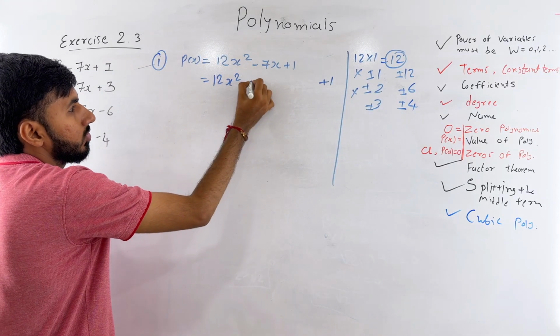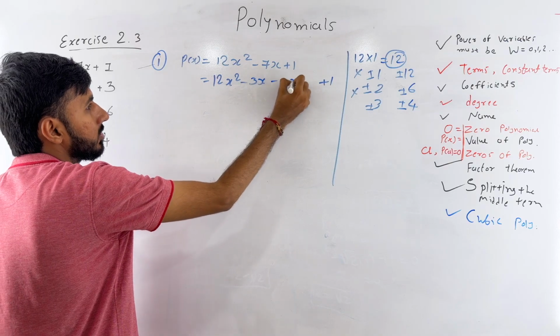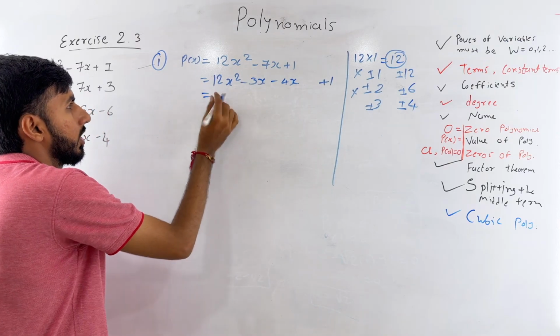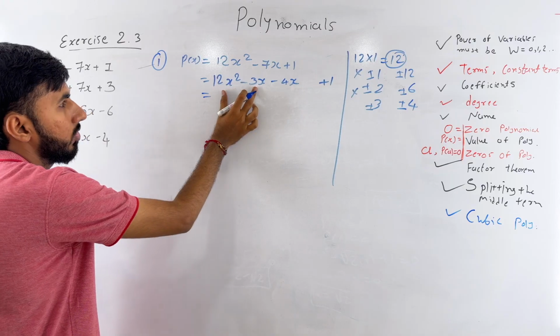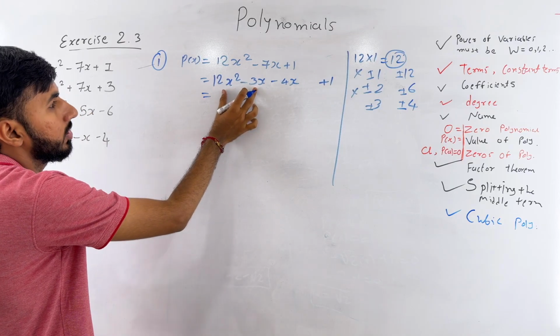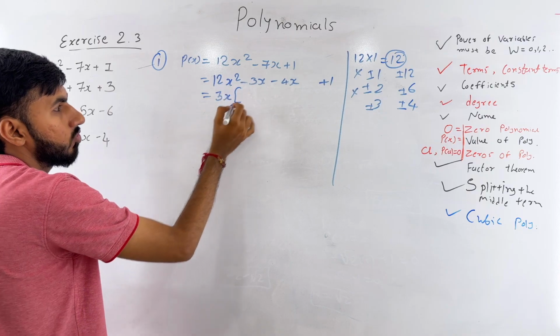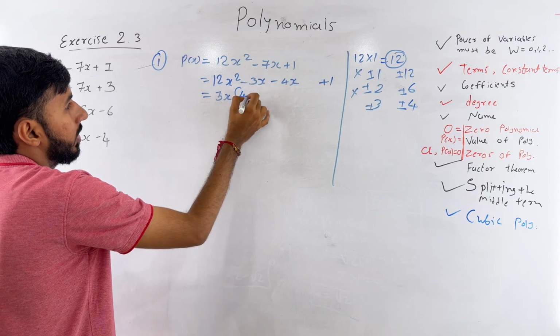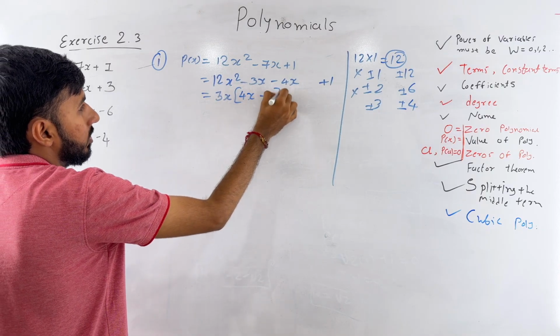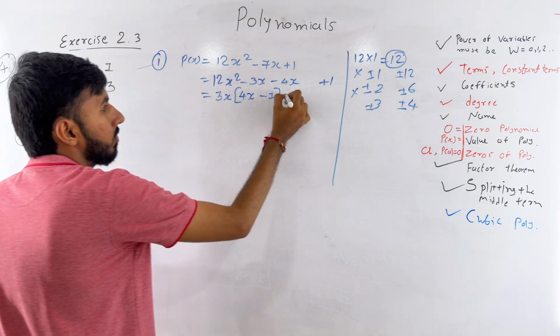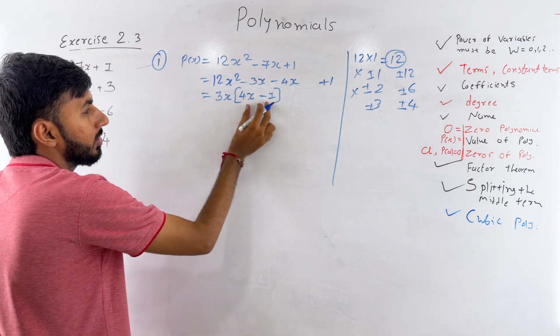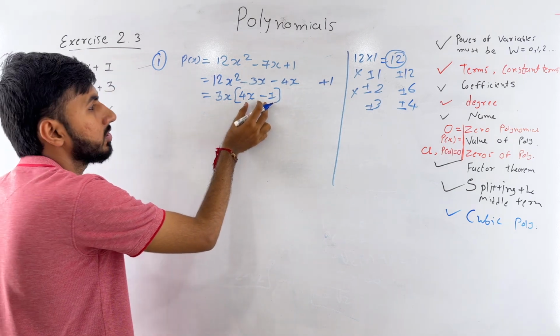Very easy. So let me use minus 3x minus 4x. Now we have to take a common out from the first two terms, and I can take 3x as common. So I have to write 4x minus 1 here, right? Now in this term, try to make it the same as the first bracket.